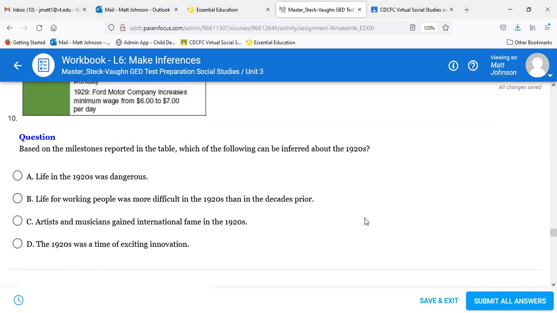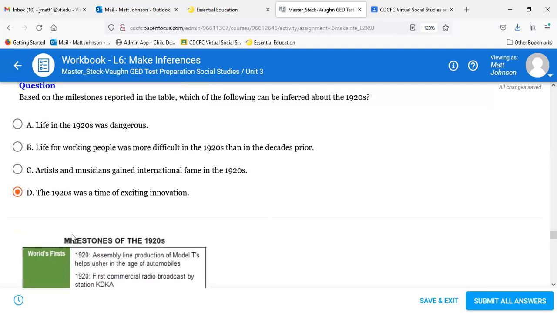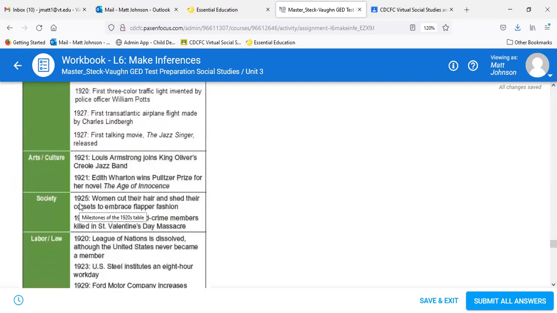Or D, the 1920s was a time of exciting innovation. D, maybe? Yeah, it was a lot of innovation. It was an exciting time. Yeah, so D is in dog for the 1920s, roaring 20s, as they're called, but really important time.